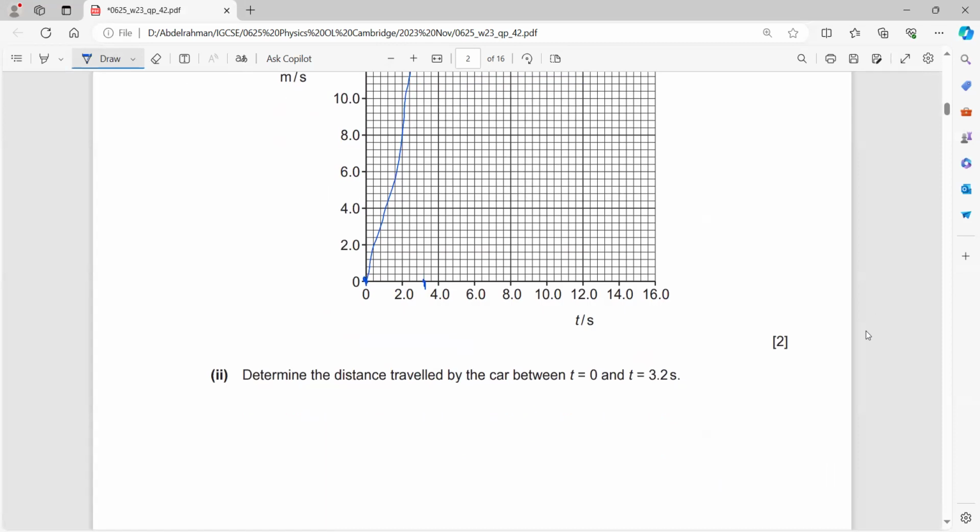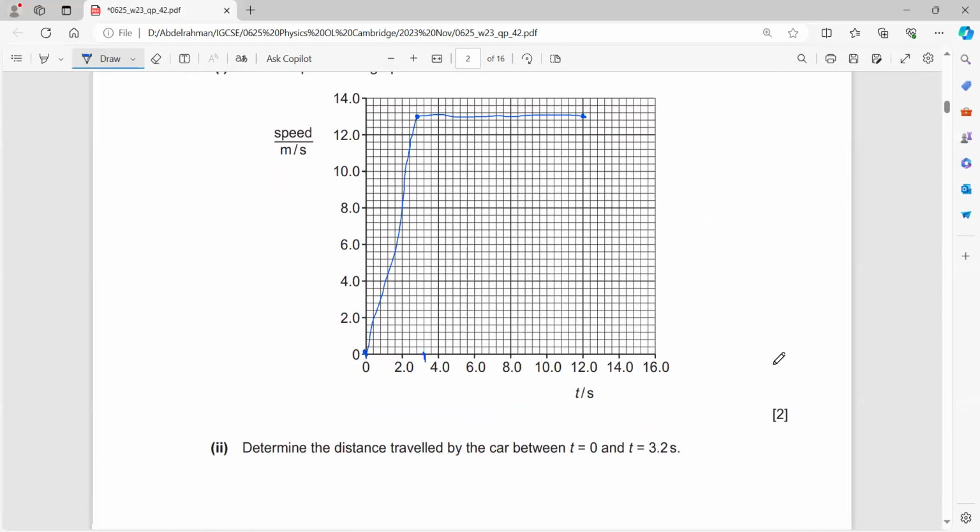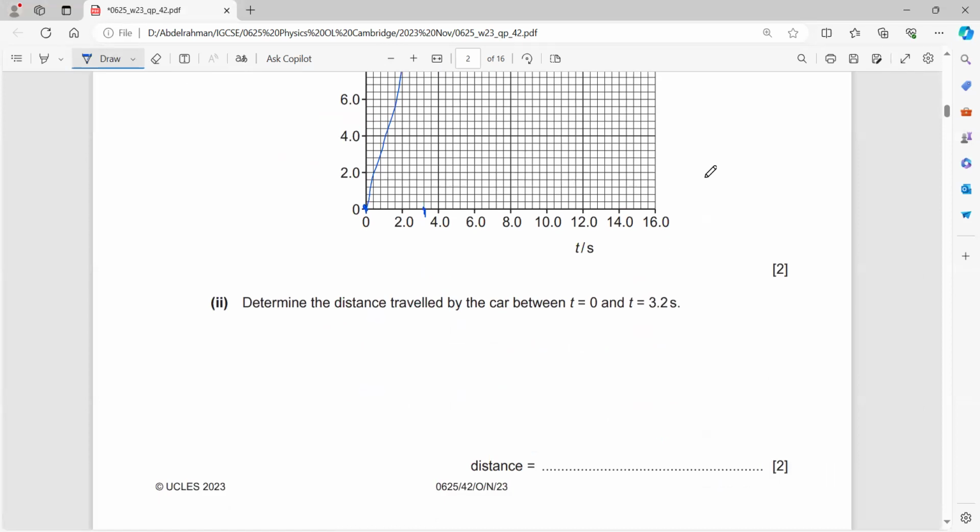Determine the distance traveled between 0 and 3.2. What's the distance traveled between 0 and 3.2? Distance is speed over time. You cannot do that. Isn't it the area under the graph?